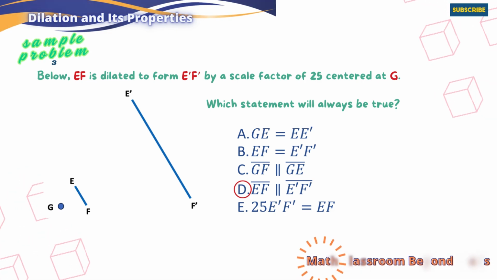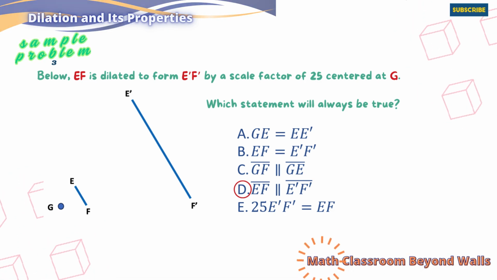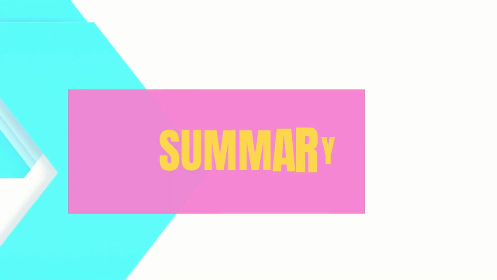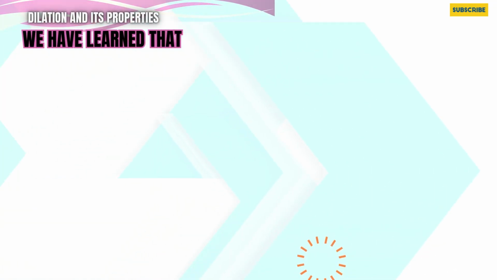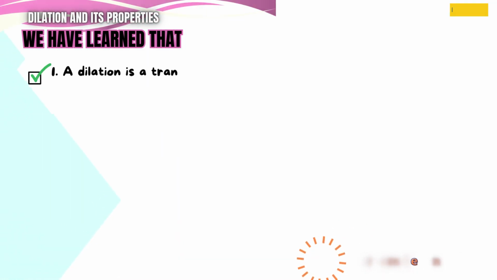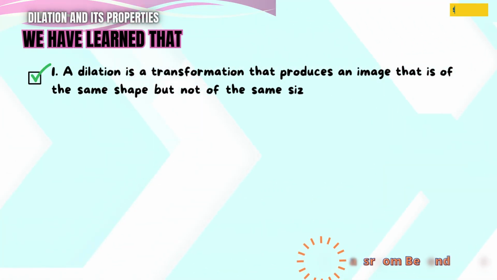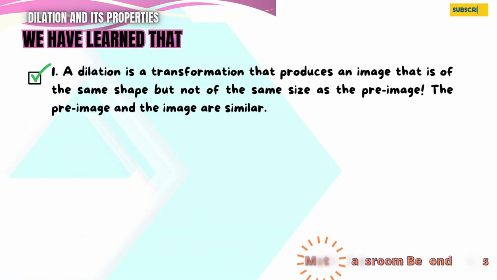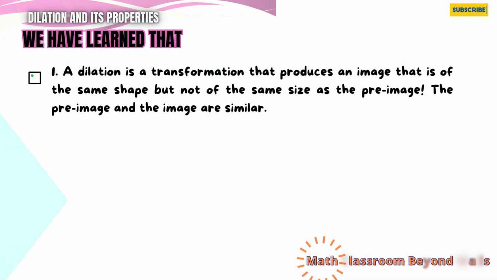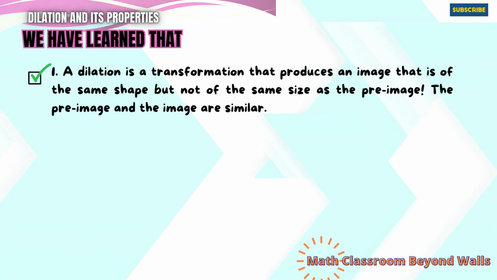I hope you were able to acquire lots of learnings in today's video. Let us summarize what we have learned in today's video. We have learned that, first, a dilation is a transformation that produces an image that is of the same shape but not of the same size as the pre-image. The pre-image and the image are similar.